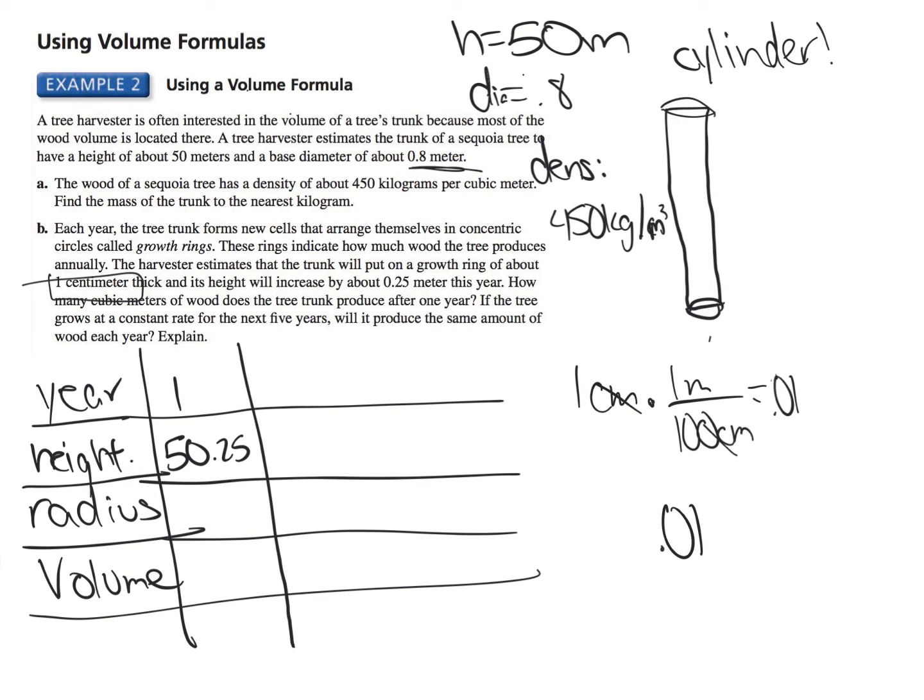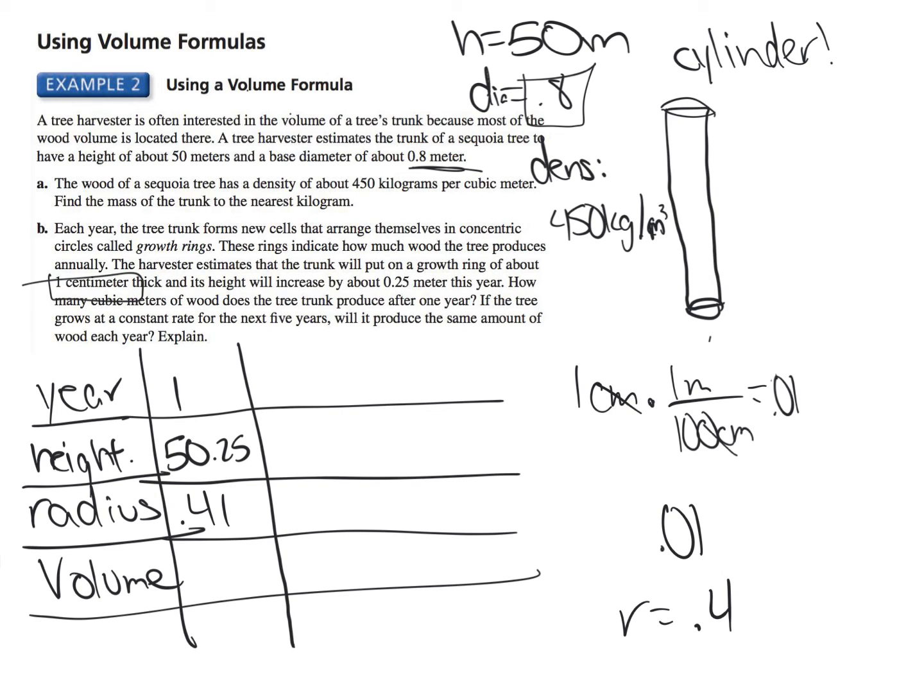Now, we were given the diameter, which means the radius at the original is 0.4, so we're going to be at 0.41. For the volume, we look at pi r squared times the height. When you plug that in, you do pi times 0.41 squared times 50.25.